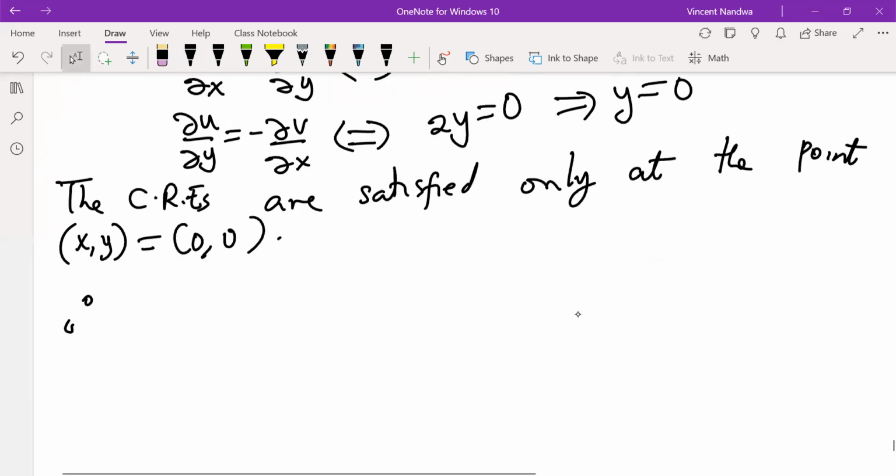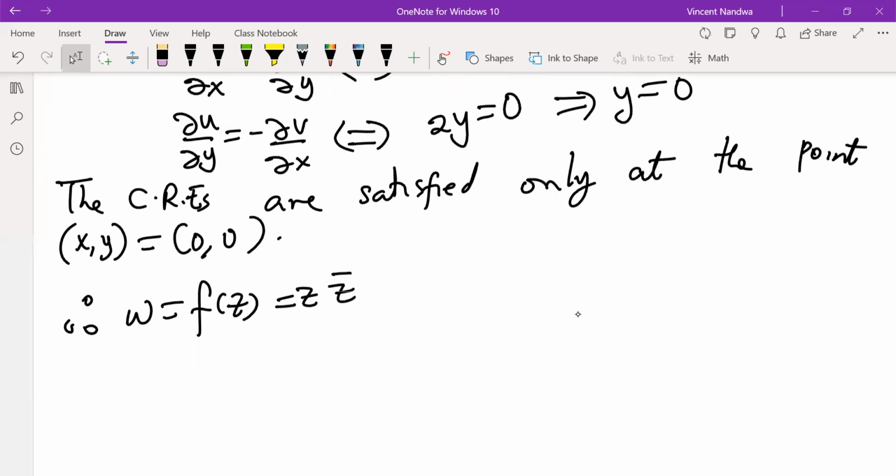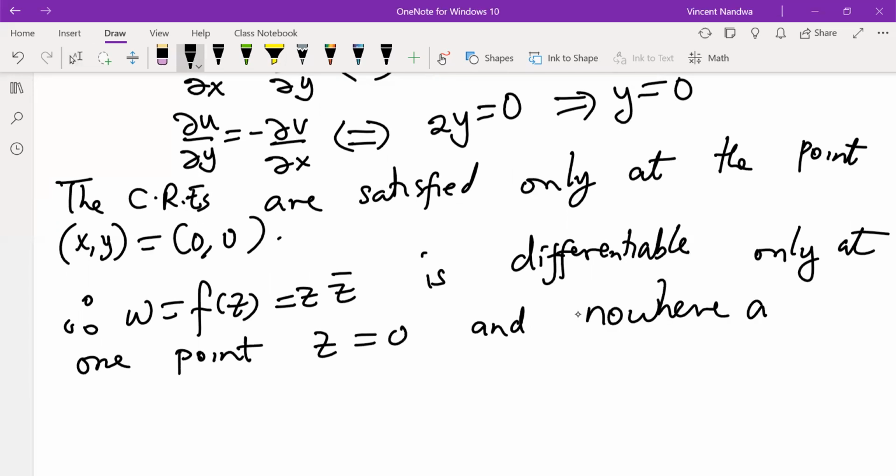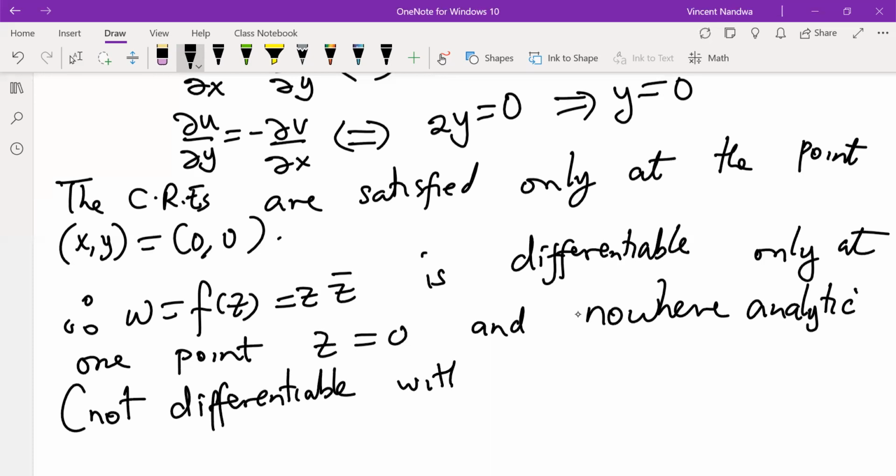Therefore, w equals f of z equals z times the conjugate of z is differentiable or analytic only at one point, z equals 0, and nowhere analytic, that means not differentiable, within the neighborhood of z equals 0.